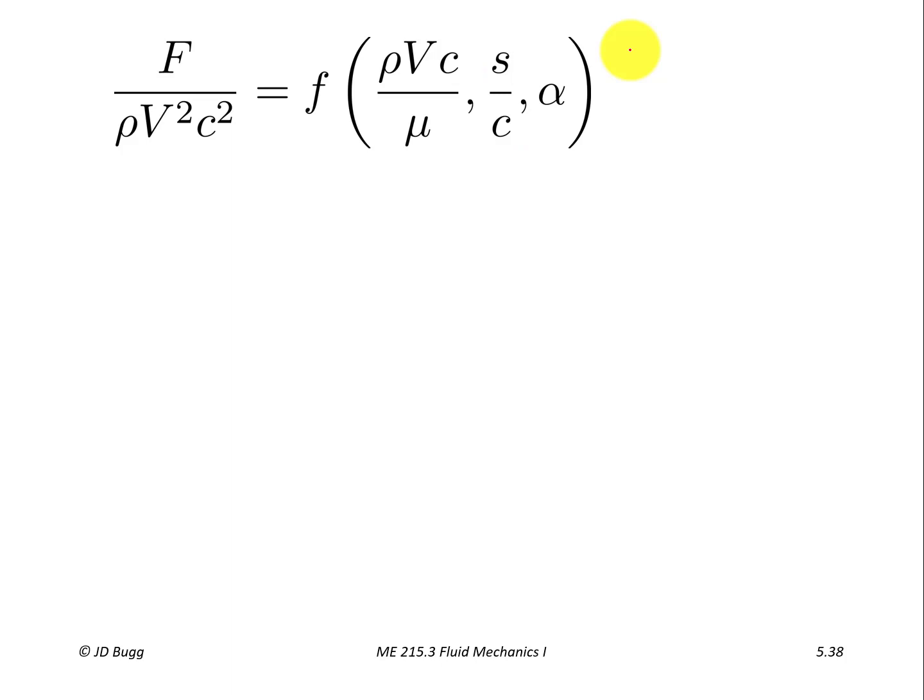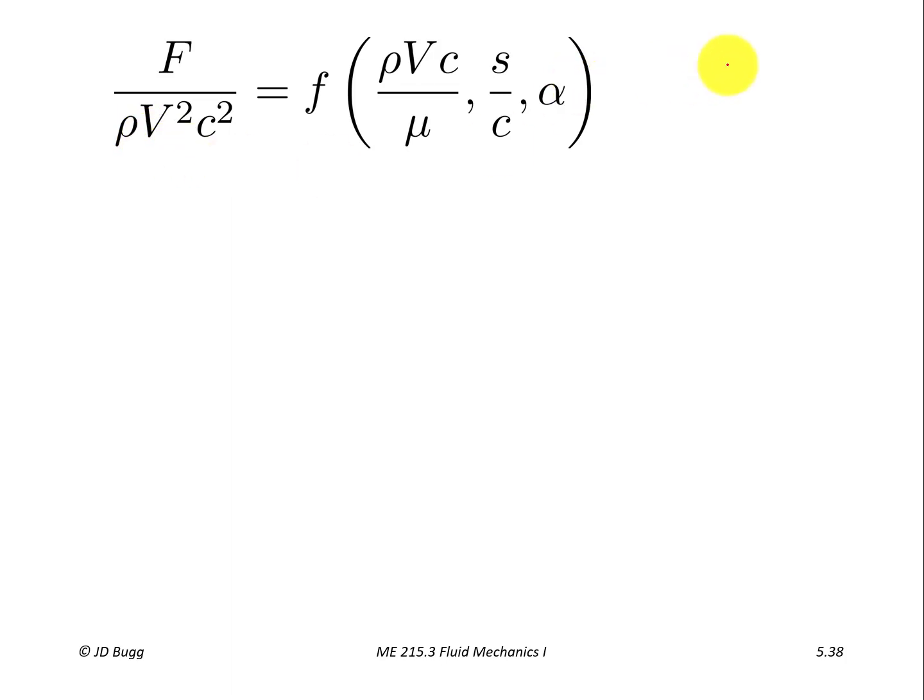What is the aspect ratio of a wing? Some aircraft have very, very long, skinny wings. Gliders are a good example of that. So they have a very, very high aspect ratio. And other aircraft have very short, stubby wings. And aircraft that carry a lot of weight tend to have short, stubby wings, and so they have low aspect ratio wings. So this is our new dimensionless functional form.